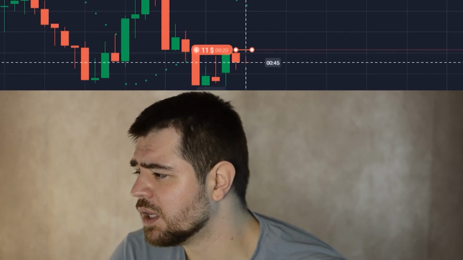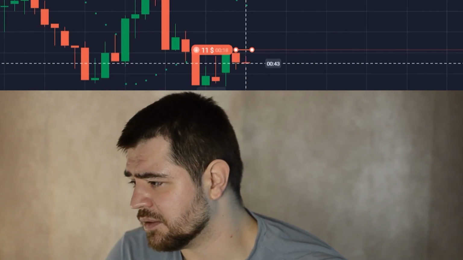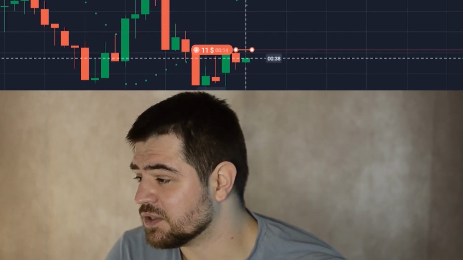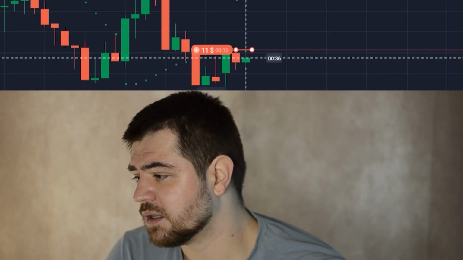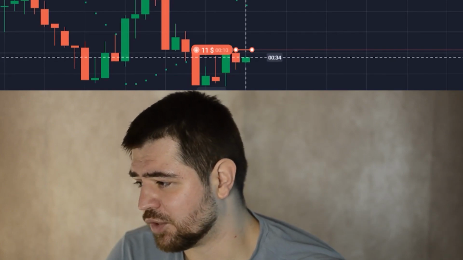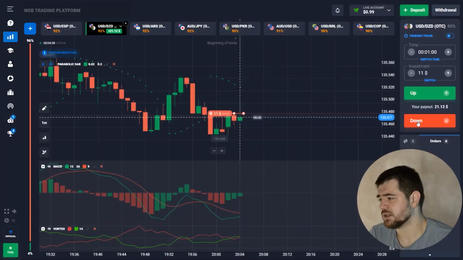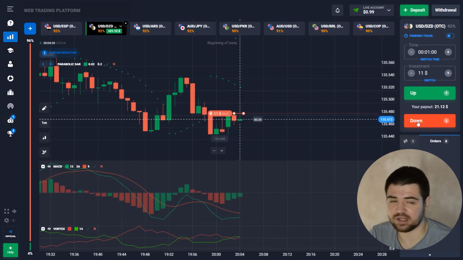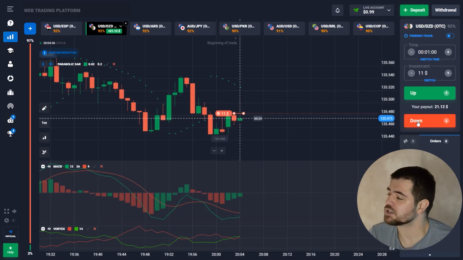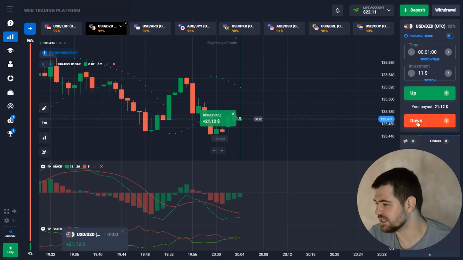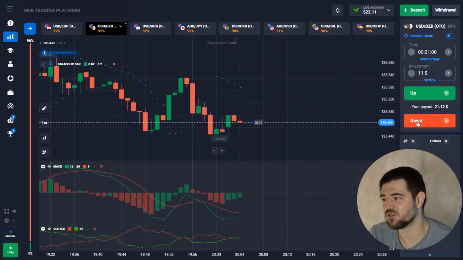Here you see the red line of the Vortex, representing the downtrend, is starting to look up in this case. And here we are, $21.12 of profit already.